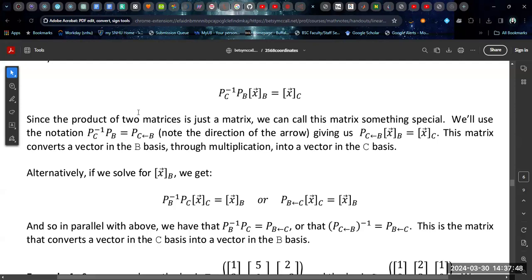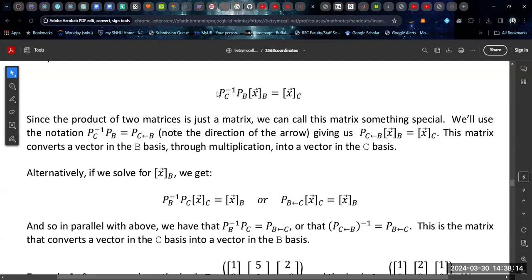So you may see this notation P with a C and an arrow B. Now notice the direction of the arrow is going from B to C. So what they're saying is that this product of two matrices here can be thought of as the matrix that transforms a vector in the basis B into a vector in the basis C.